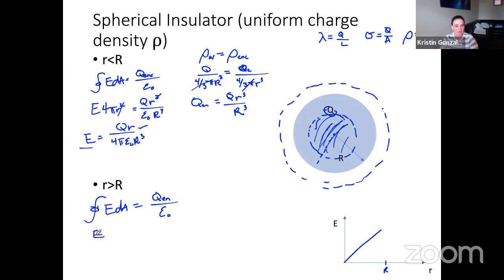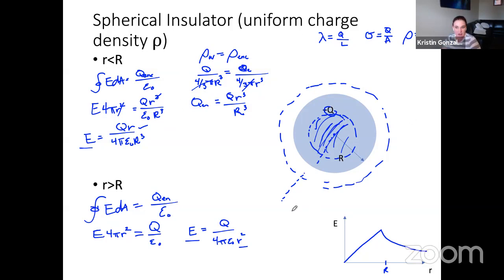We're now enclosing everything. It's still little r on the left, as you notice, because we want it for any r. It's not a specific r that we want it at. So that's just Q now over epsilon naught. And what do we get again? We get that E is equal to Q over 4 pi epsilon naught r squared. So we go back to that inverse square relationship. So from there on, curving back off.